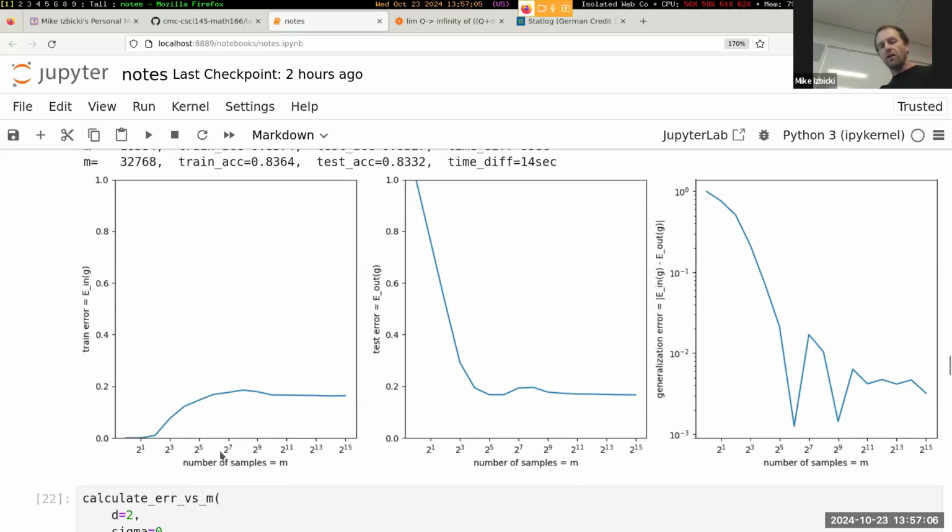The x-axis for all of them is on a log scale. But here, the generalization error is on a log-log plot. You'll see that the generalization error will generally look like a straight line on all of the log-log plots, with some weird aberrations just due to noise.